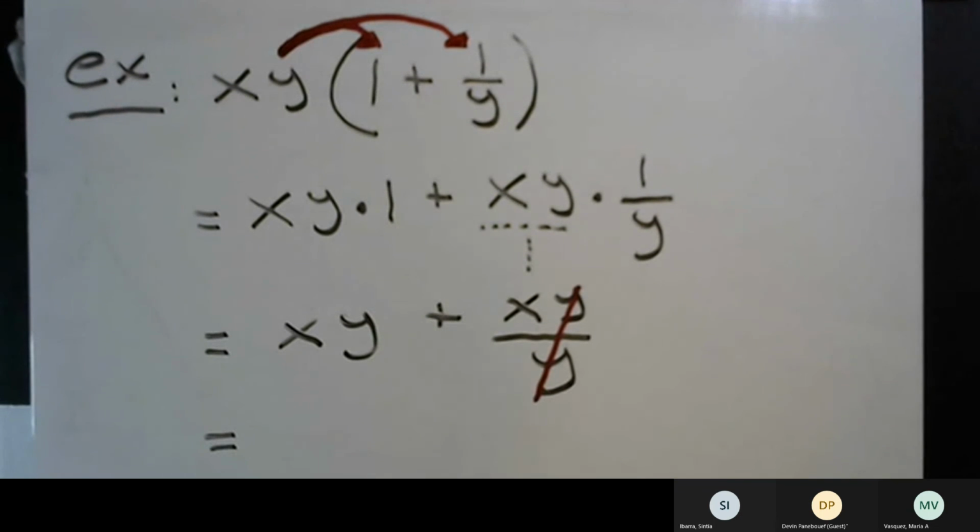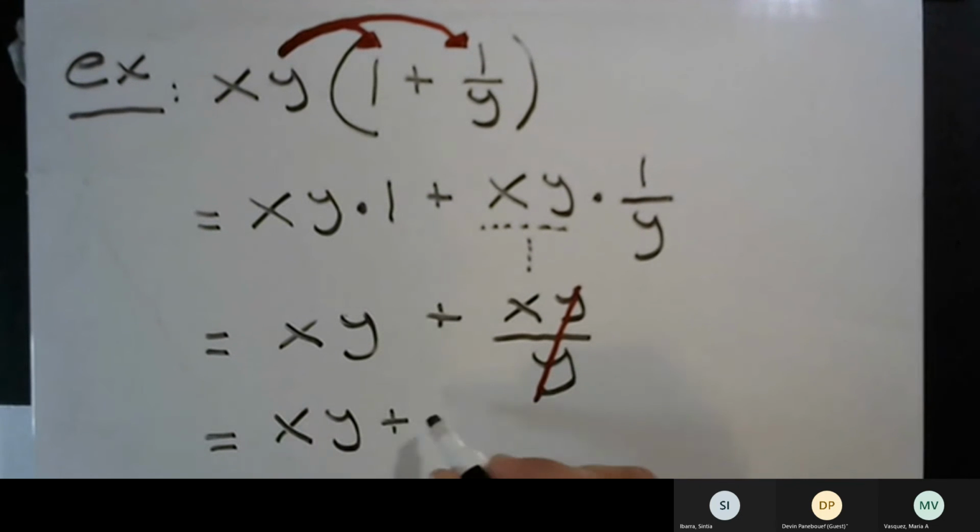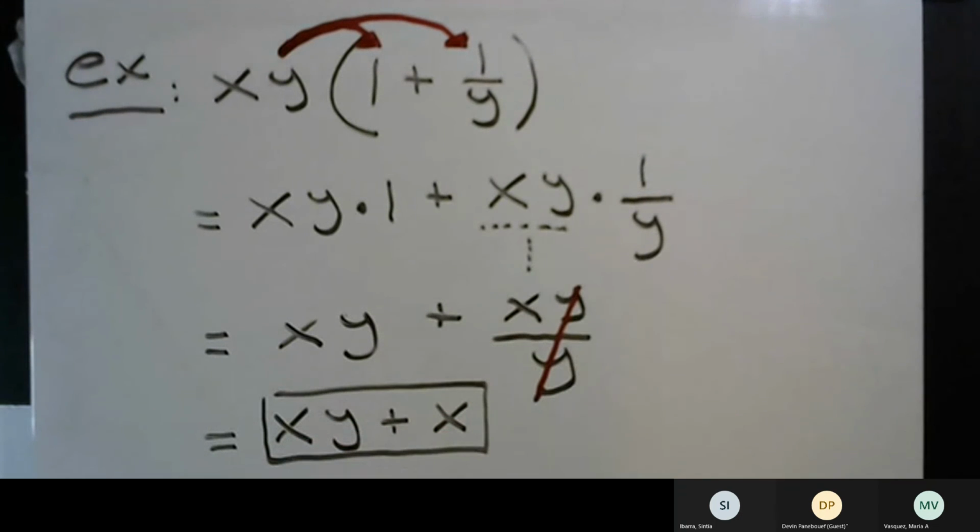We'll reduce the y's here in our fraction, or cancel the y's. And so we're left with that as our answer. Questions about that?